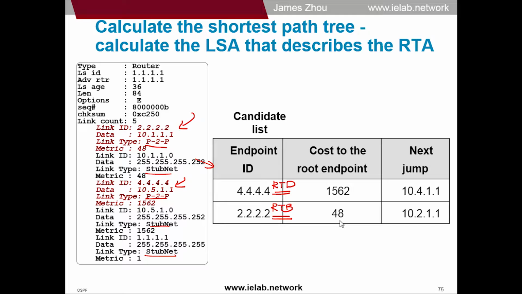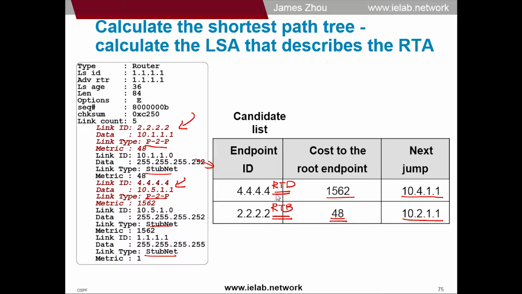Here is the cost, 48, 1562. The next hop is 10.2.1.1 pointing to RTB, and 10.4.1.1 pointing to RTD.